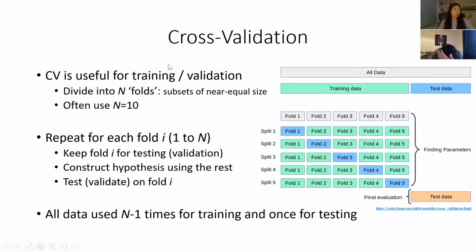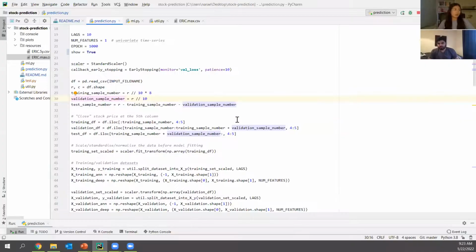So I'm not going to use cross validation here, but I'll just use the first 80% of data sample for the training, the next 10% for the validation, and the rest, which is 10%, for the test sample. That's how I will tackle this issue.